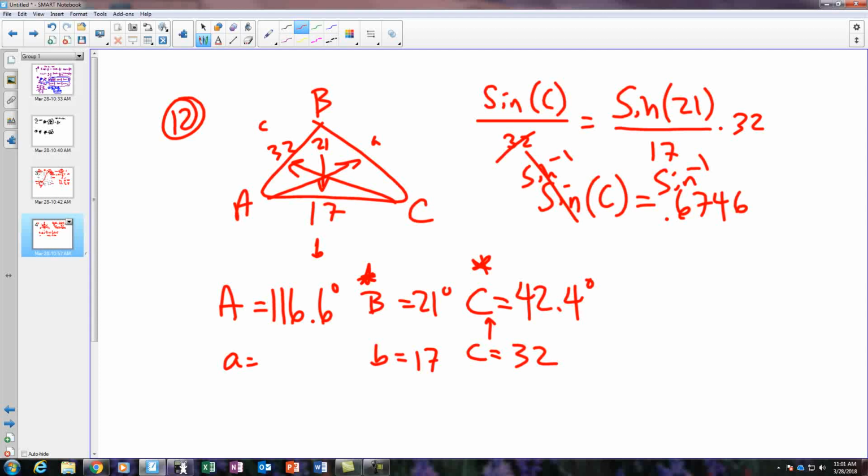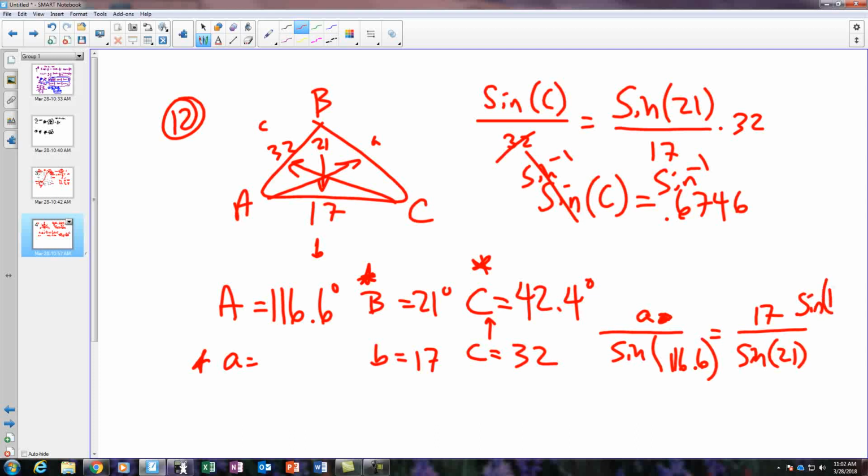And so because I'm now looking for little a, I'm going to flip this law of sines over. I'm going to say little a over the sine of 116.6 equals, and we're going to go with little b, 17 over the sine of 21. To finish this, I need to times by the sine of 116.6.